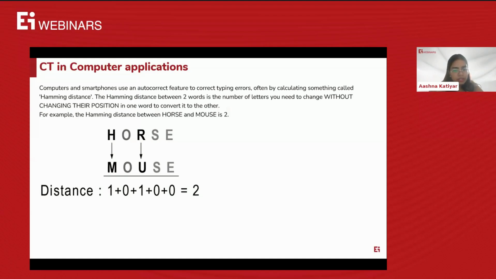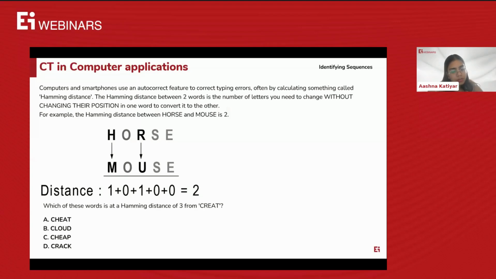Now the question is, which of these words is at a Hamming distance of 3 from create? The options are option A, cheat, option B, cloud, option C, cheap, and option D, crack. So what do you think is the correct answer for this question?